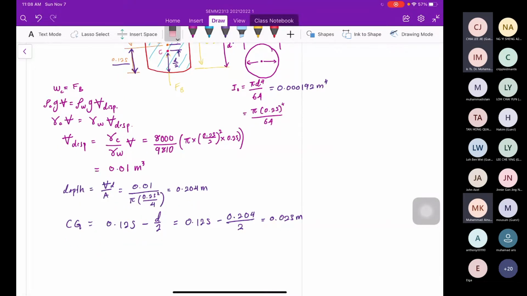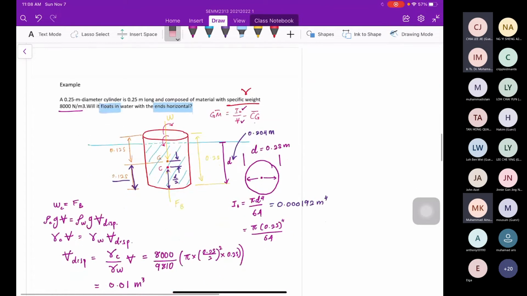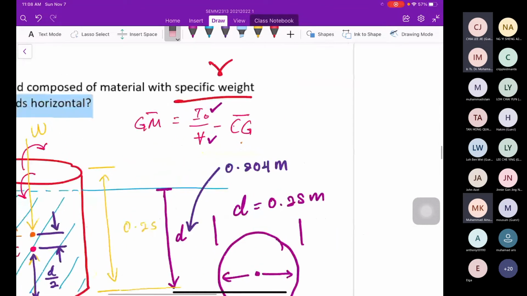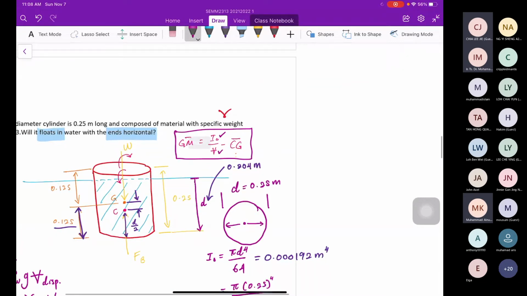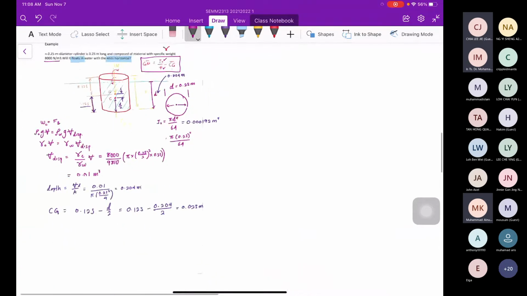So we have all the values. So substitute in this final equation. GM equal to I naught, which is 0.000192, over displaced volume, which is 0.01, minus CG, 0.023.